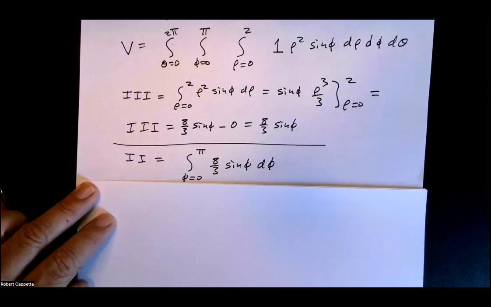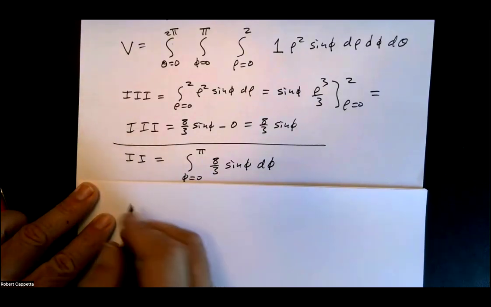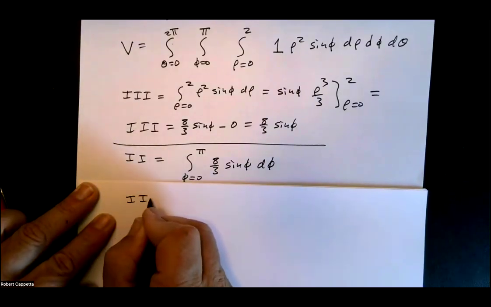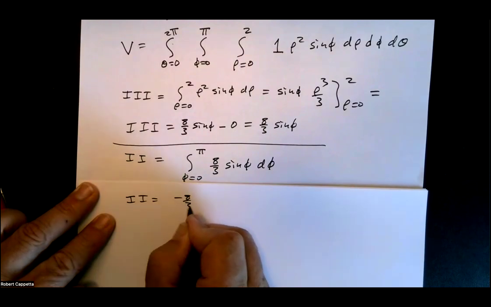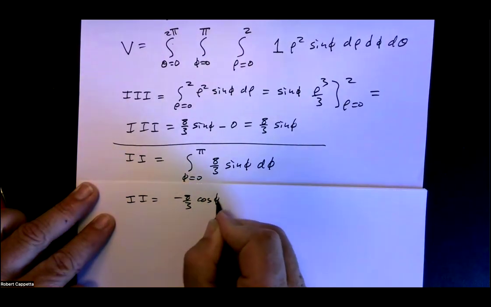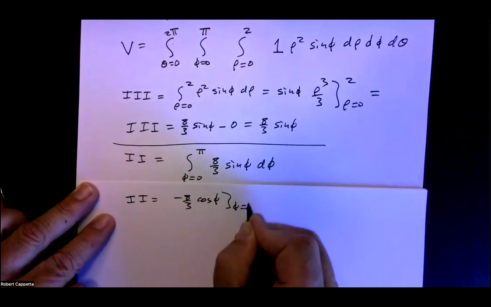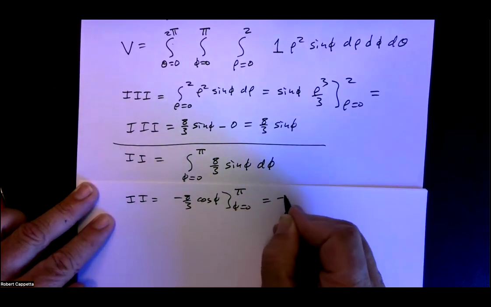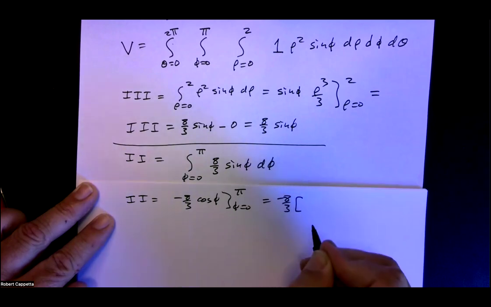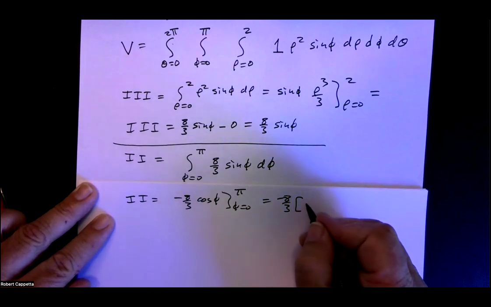Now let's work on the inner integral. The antiderivative here would be negative 8/3 cos phi, evaluated as phi goes from 0 to pi, which is negative 8/3 times cos pi minus cos 0.